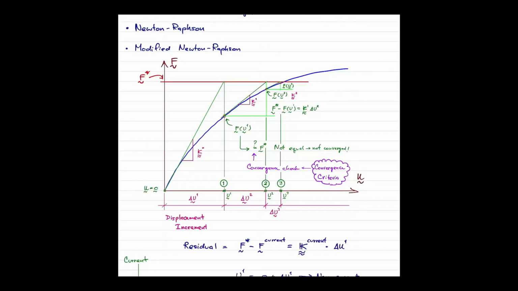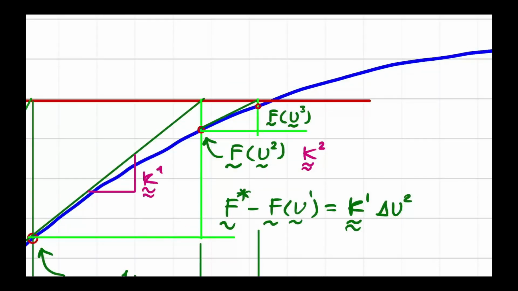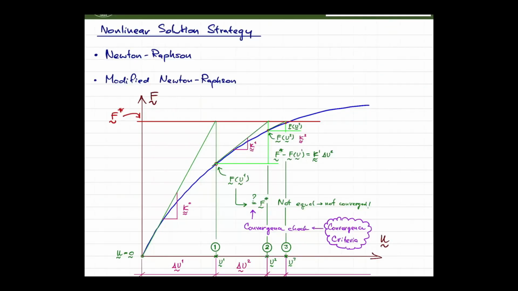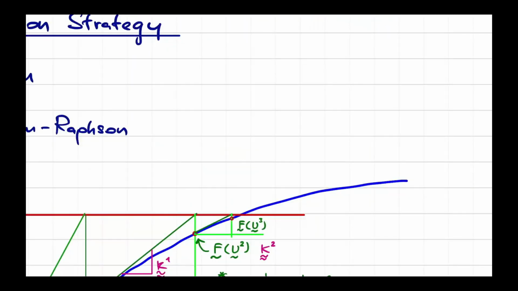You get the solution, you get the new solution, you get the new current point U3. Evaluate force, internal force F3. See if you balance it with the externally applied force or not, and keep continuing it this way until you get a small enough F star minus F of the U current.